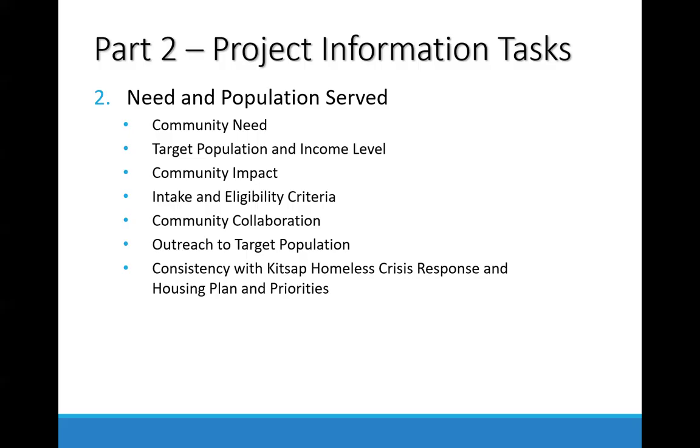Number 2 would be the need and population served: the community need, the target population and income level, community impact, intake and eligibility criteria, community collaboration, outreach to target population, and consistency with the CGAP homeless crisis response and housing plan and priorities.